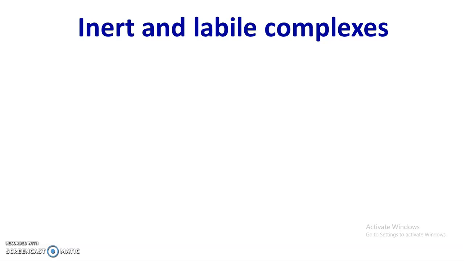The terms labile and inert are kinetic terms and refer to the rate of reaction, and should not be correlated with thermodynamic terms like unstable or stable. It means labile complexes may be thermodynamically unstable or stable.